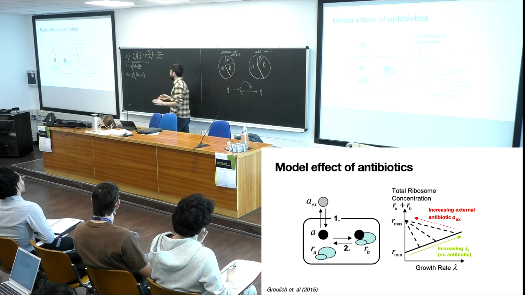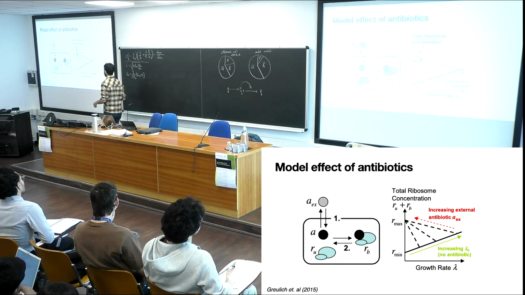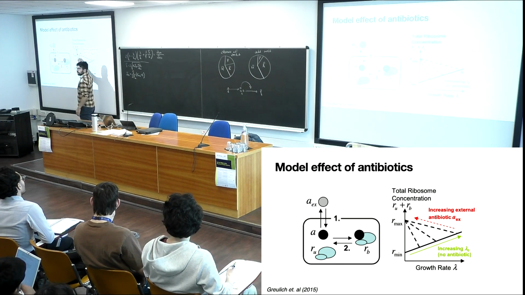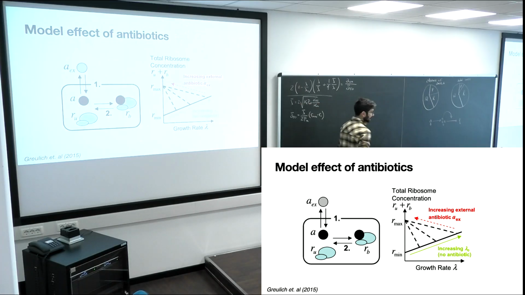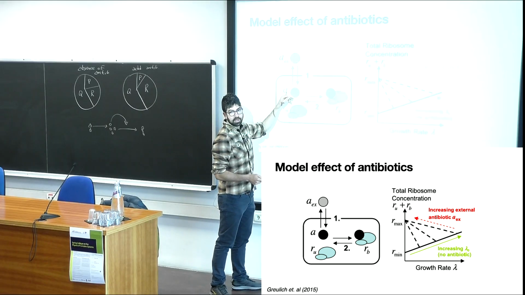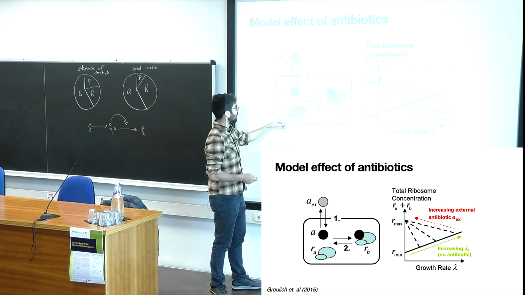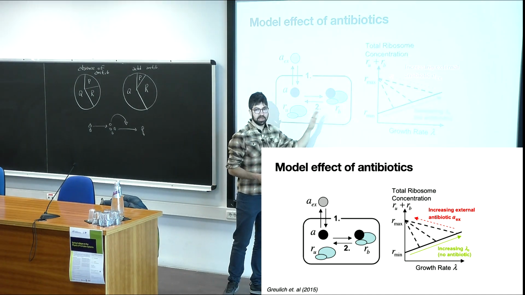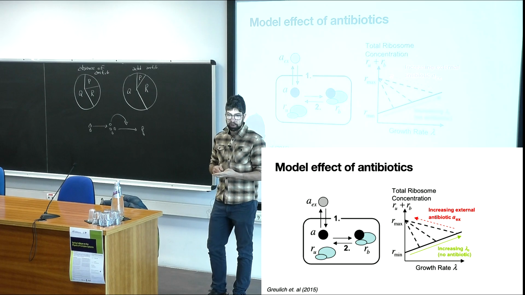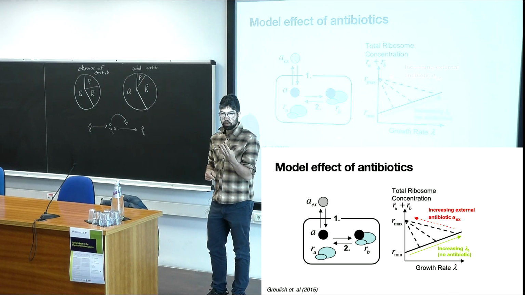However complicated it is, we know that effectively, at the end, it has to follow these empirical patterns. And so we put that input, and we have 4 unknown variables and 4 equations. The 4 unknown variables are the internal concentration of antibiotics, the concentration of unbound ribosomes, the concentration of bound ribosomes, and the growth rate.